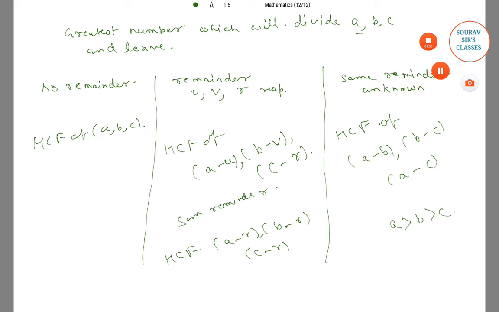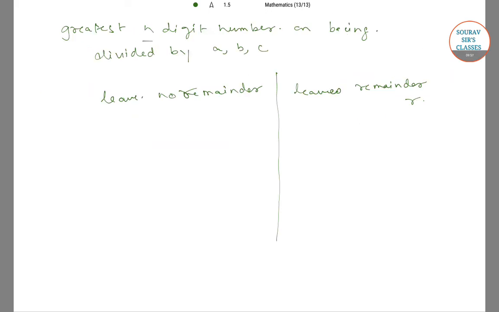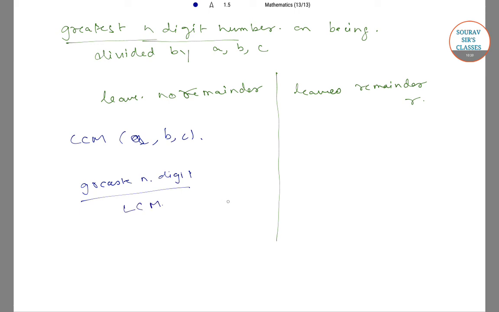Suppose we have to find the greatest n digit number which on being divided by A, B and C leaves no remainder. Then we have to find the LCM of A, B and C. Then we divide the greatest n digit number by the LCM and find the remainder.